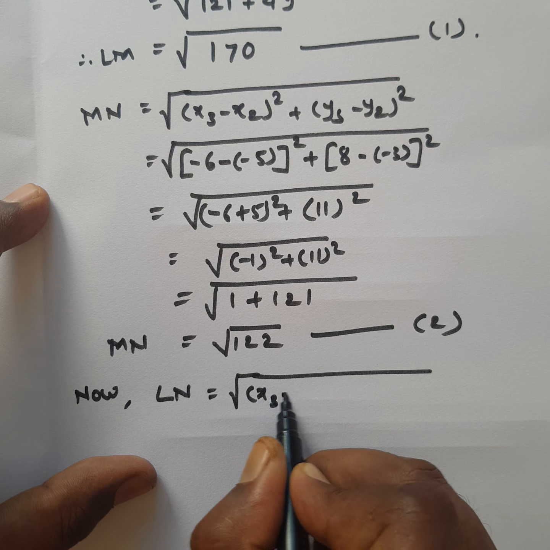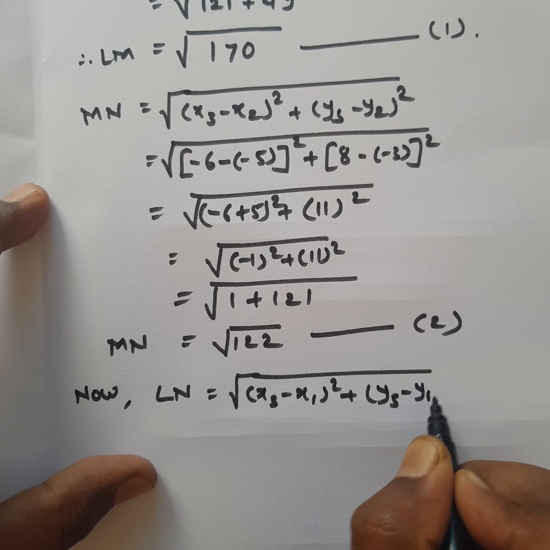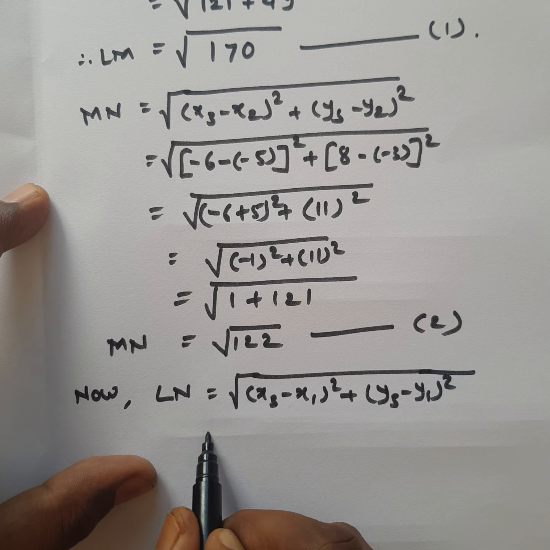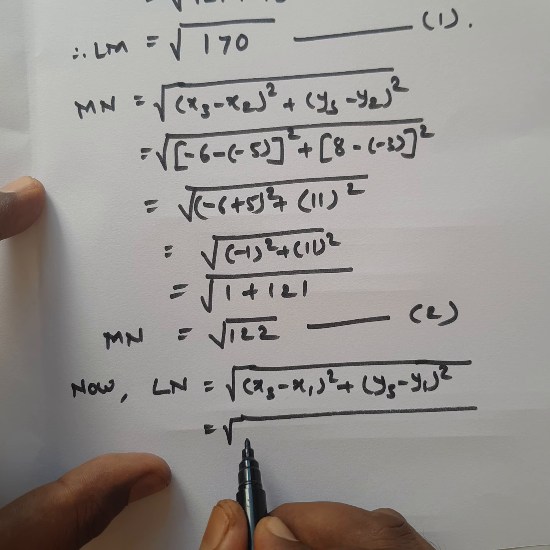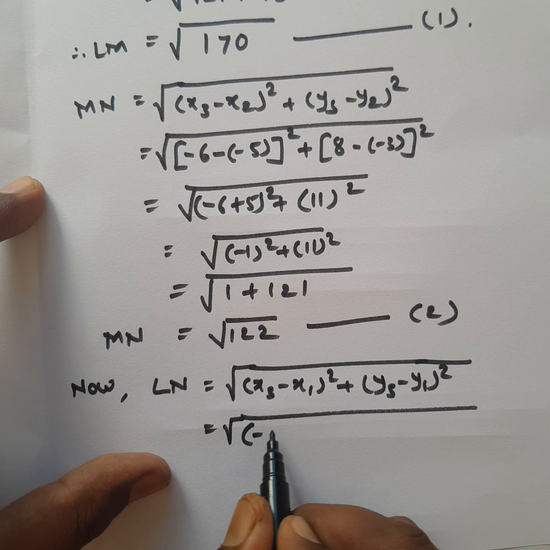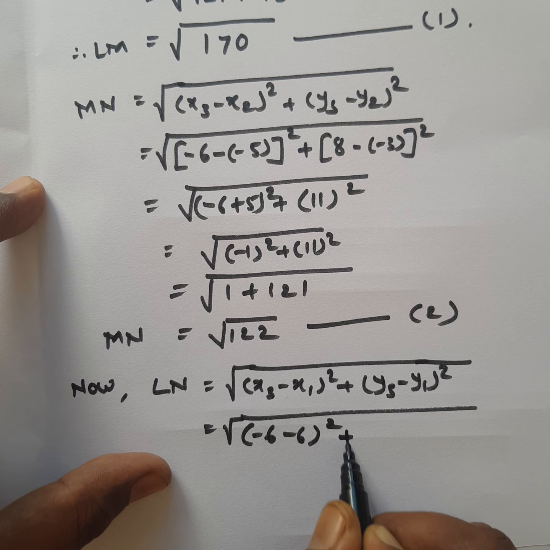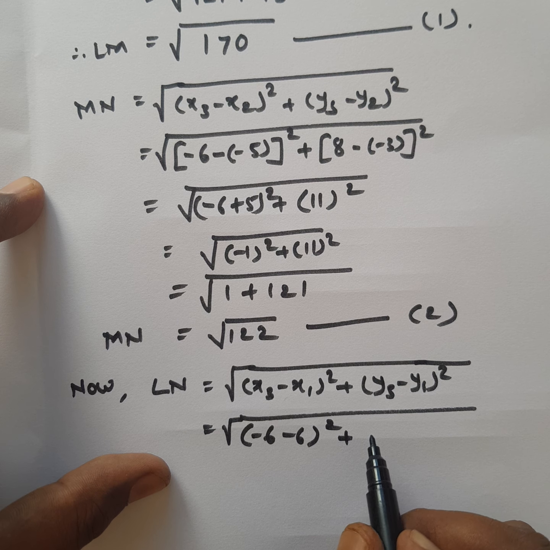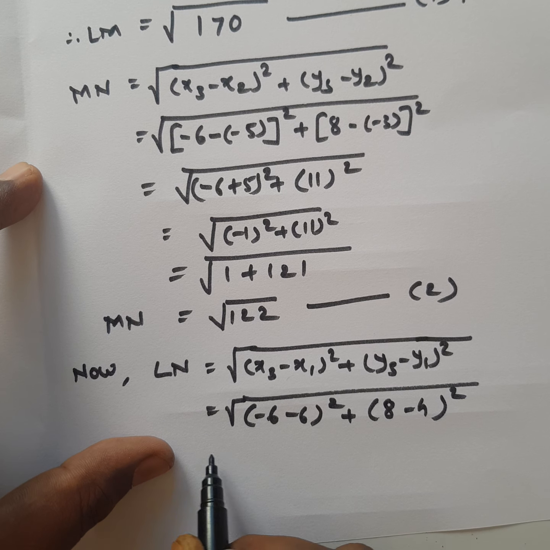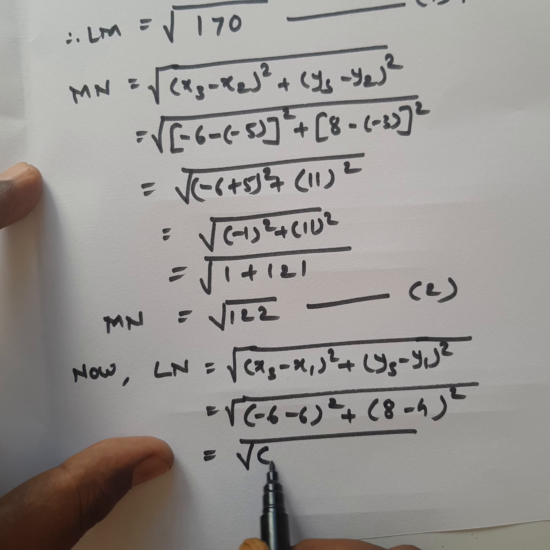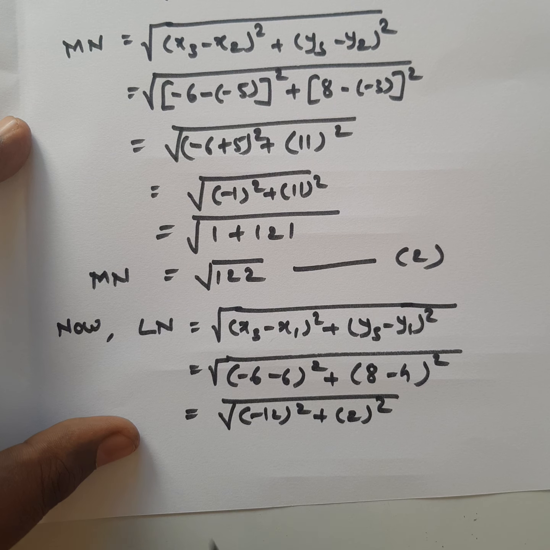Therefore, (x3 minus x1) whole square plus (y3 minus y1) whole square is equal to (minus 6 minus 6) whole square plus (8 minus 4) whole square is equal to (minus 12) square plus 2 square.